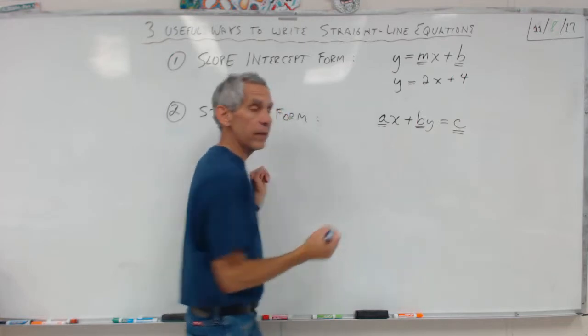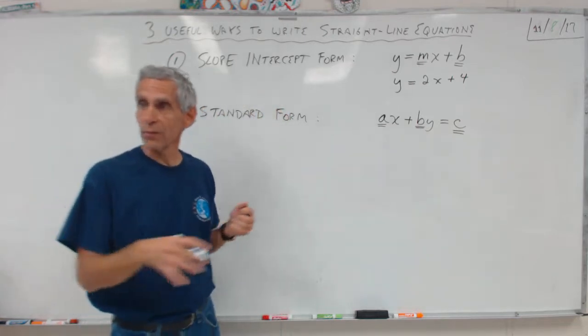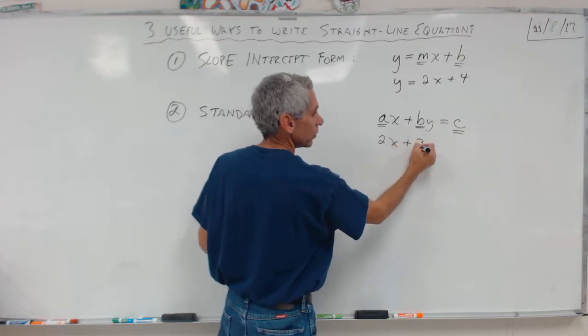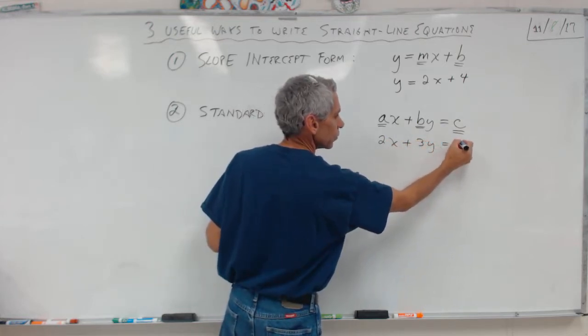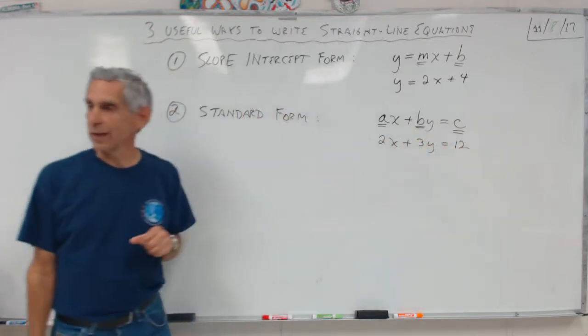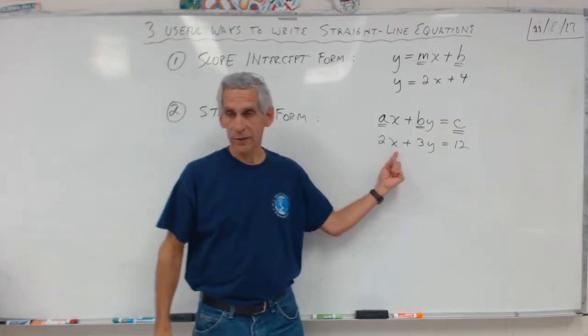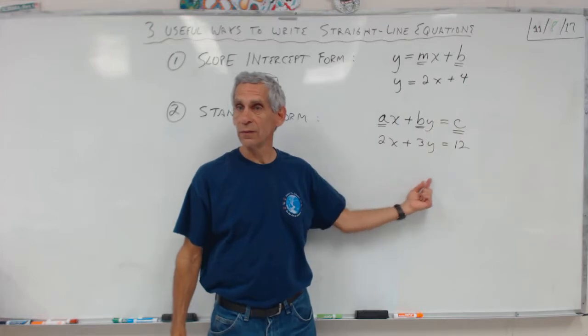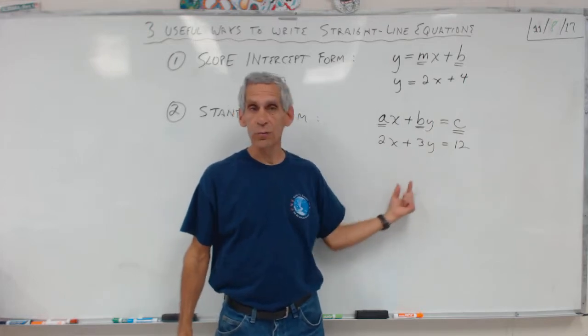So an example, from that last graphing problem on the homework, 2x plus 3y equals 12. That's an example. You still have your x and your y. You're going to have your x and y in all of these, and then everything else will be numbers.